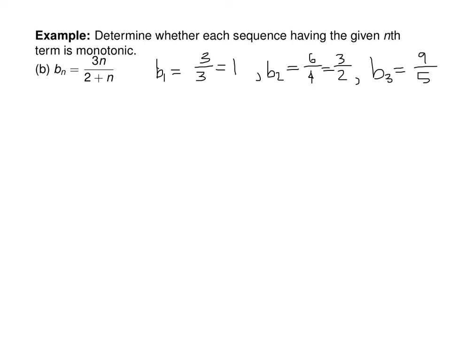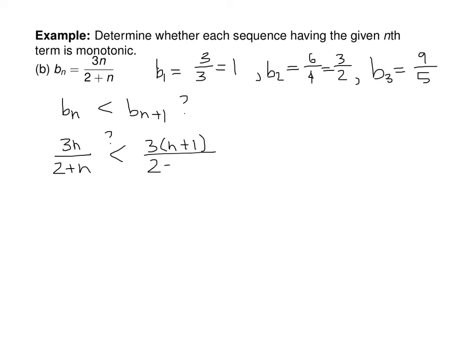So we're going to check and see, is B sub n less than B sub n plus 1? So B sub n is 3n over 2 plus n. B sub n plus 1 is 3 times n plus 1 over 2 plus n plus 1.